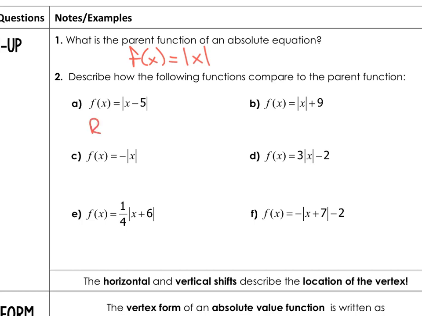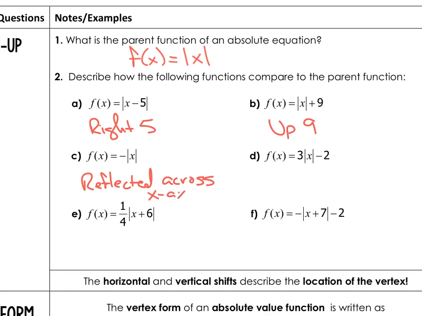I would say this one goes right 5. For letter B, this one goes up 9. For letter C, it is reflected across the x-axis. For letter D, now we've started to do a couple of different things. First of all, this one is shifted down 2.